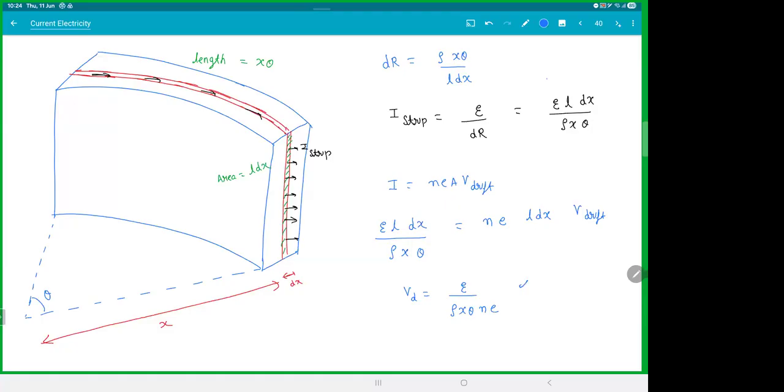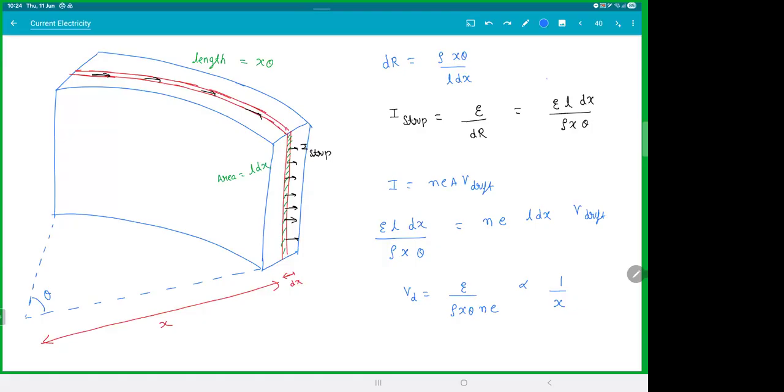And if you see, this is proportional to 1 by x. That means, look at this interestingly. The farther the radius, the slower the electrons go. That means electrons on the outer edge are going slower compared to the electrons on the inside edge. All the electrons are not reaching at the same time. Is the idea clear, everyone?